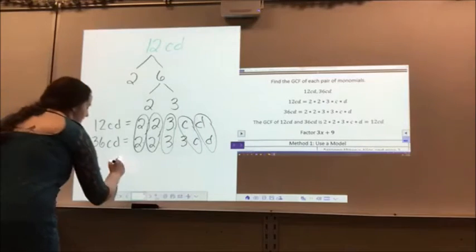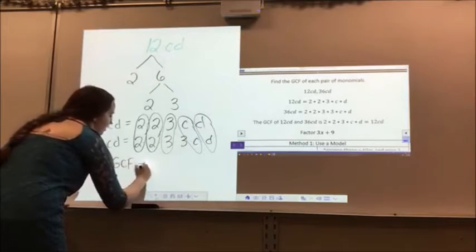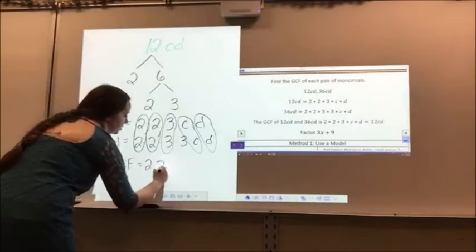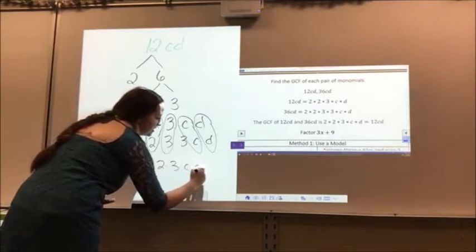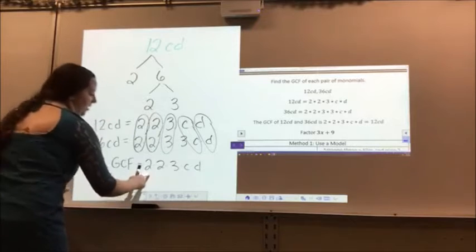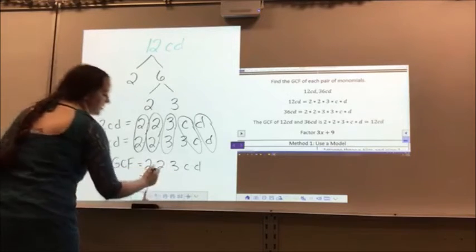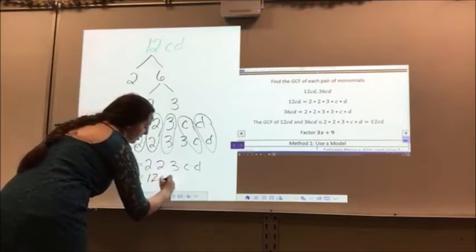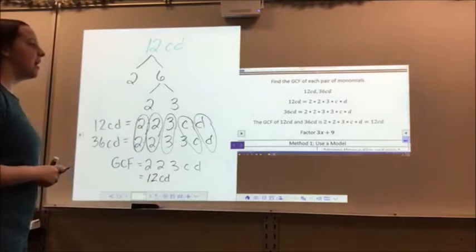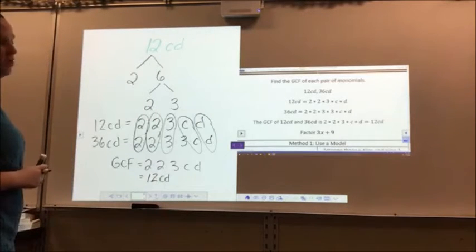So my GCF is going to be 2 times 2 times 3 times C times D, or I multiply this together, 2 times 2 is 4 times 3 is 12, so 12CD is my common factor, my GCF, my greatest common factor.